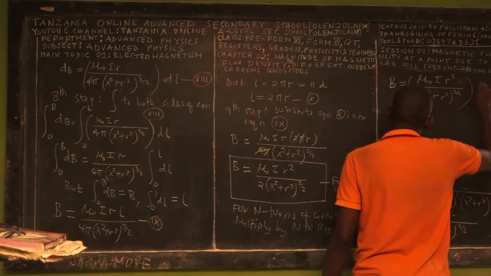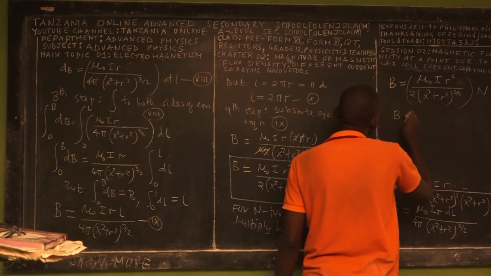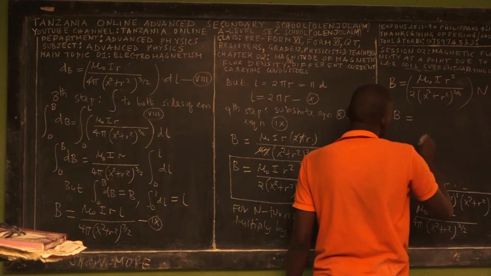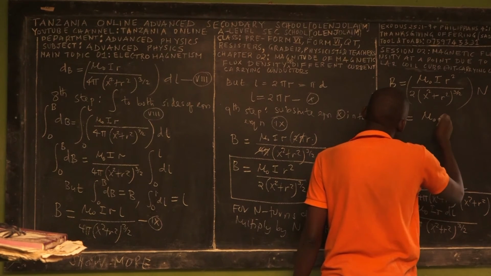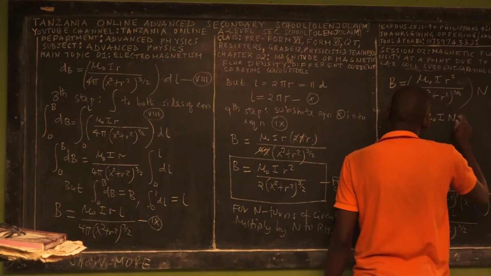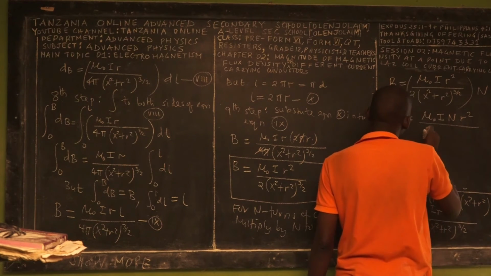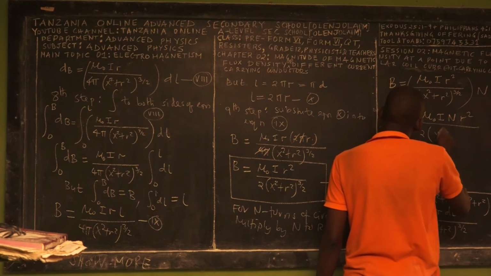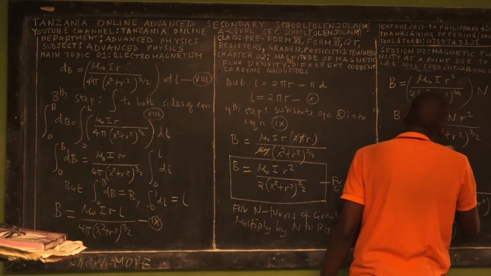So we multiply by the number of turns. So this is permeability of free space times electric current, times number of turns, times radius, over twice x squared plus r squared power 3 over 2.